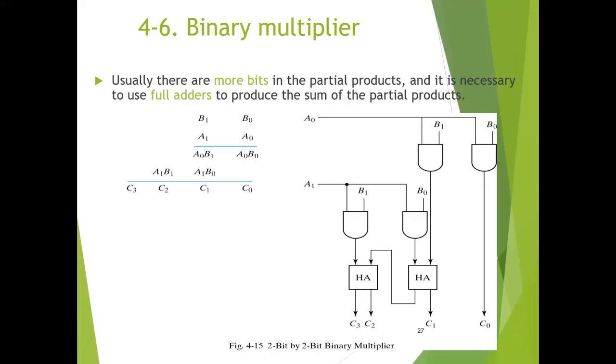In the process of multiplication, the multiplicand is multiplied by each bit of the multiplier, starting from the least significant bit. Each such multiplication forms a partial product.